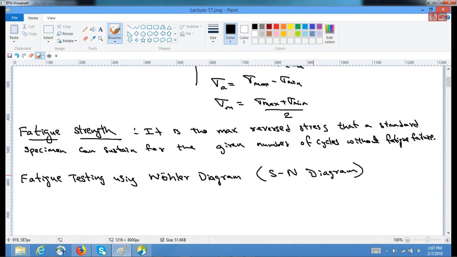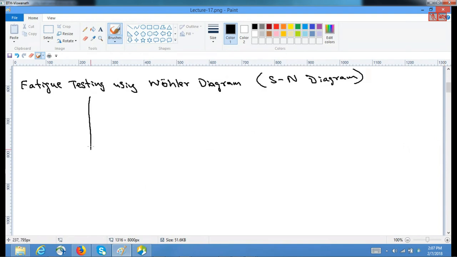Typically it would look like a log-log or a semi-log axis. Here it shows the fatigue strength versus your number of cycles.